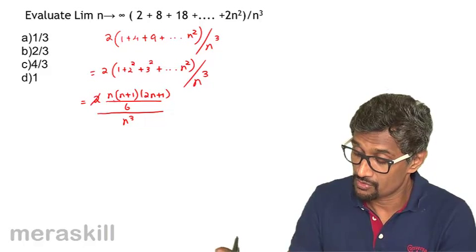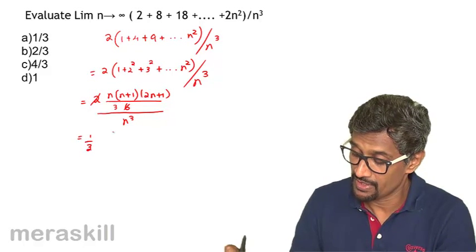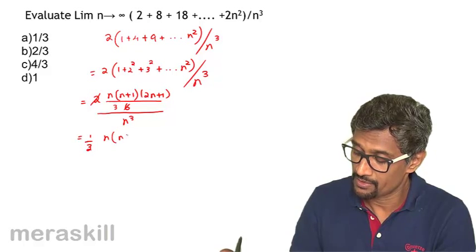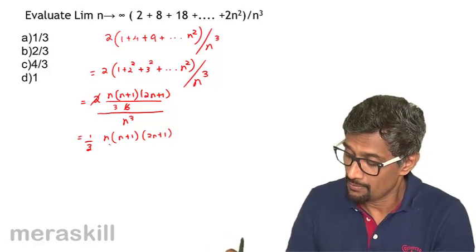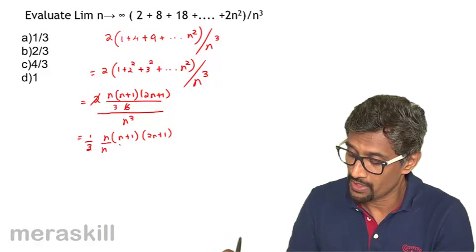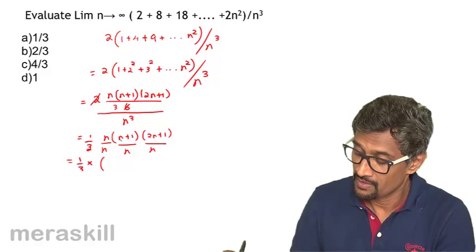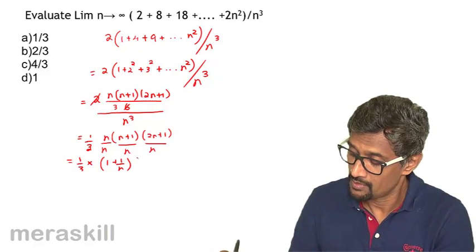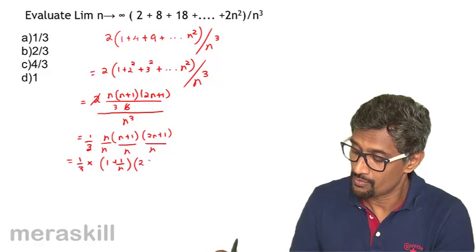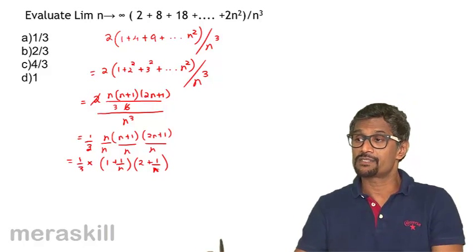So 2 by 6 will turn out to be 1 by 3, and hence you get 1 by 3 into n plus 1 into 2n plus 1 upon n cube, which can be written as upon n upon n upon n. So this will turn out to be 1 by 3 into 1 plus 1 by n into 2 plus 1 by n. So this is what the expression simplifies to.